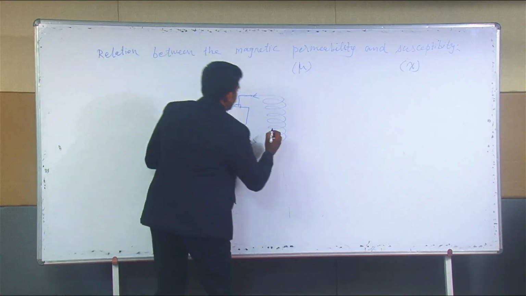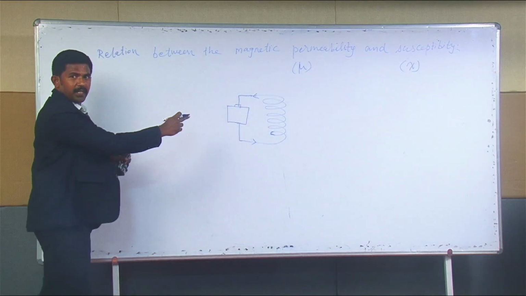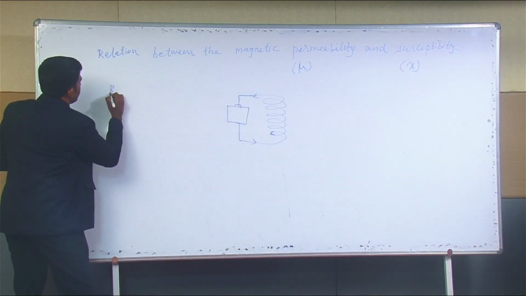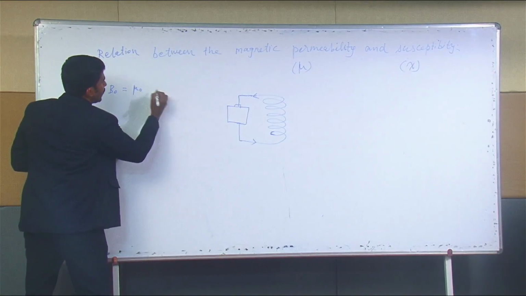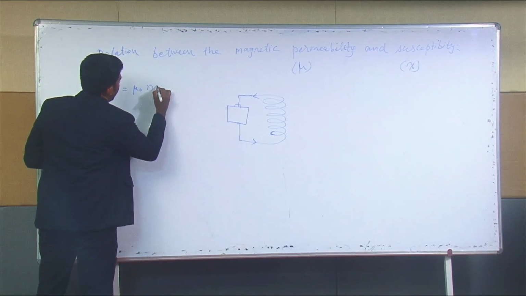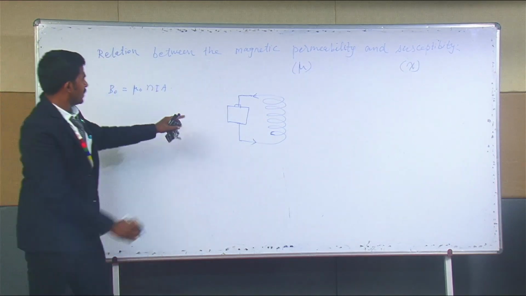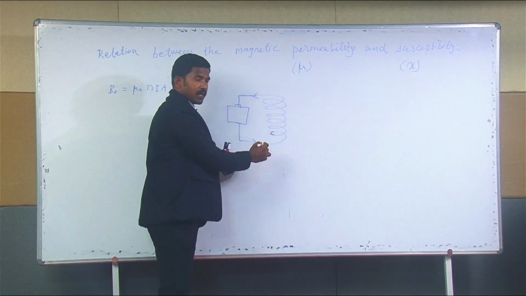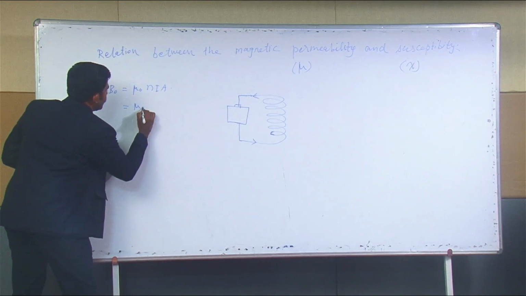For that magnetic field, B0 is equal to mu naught into N i over A, that is, the number of turns, how much current we are giving, over the area, which is nothing but mu 0 H.